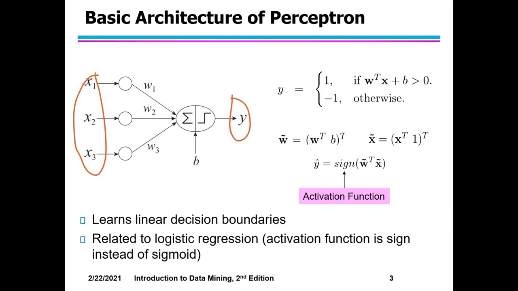And these are the weights on the edges, right? And usually we multiply these two basically to get the y, right?